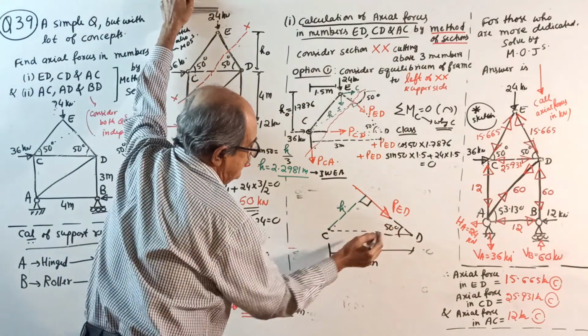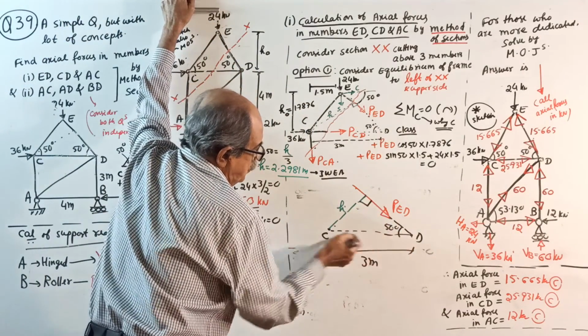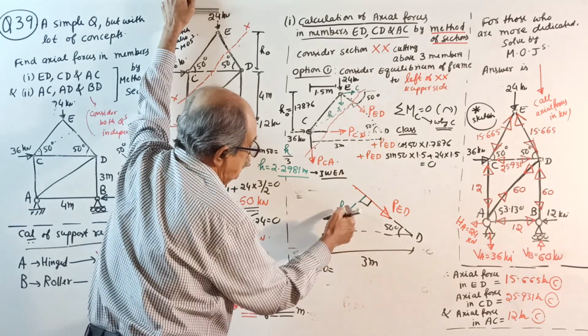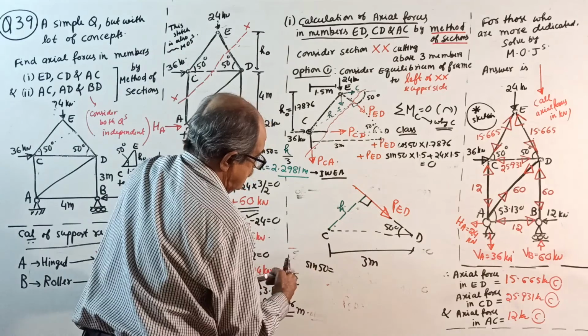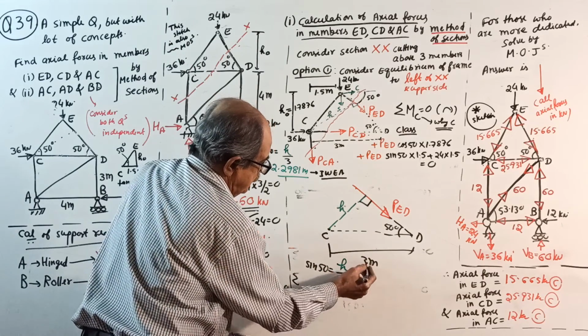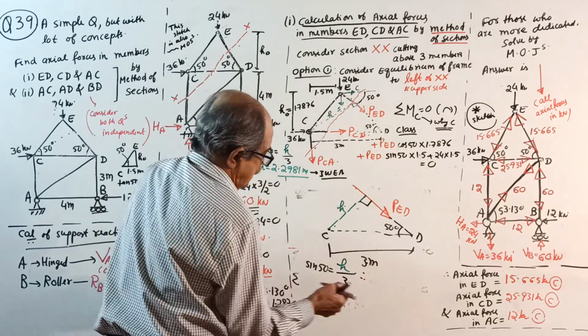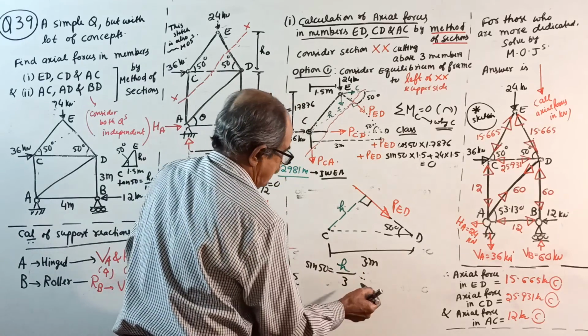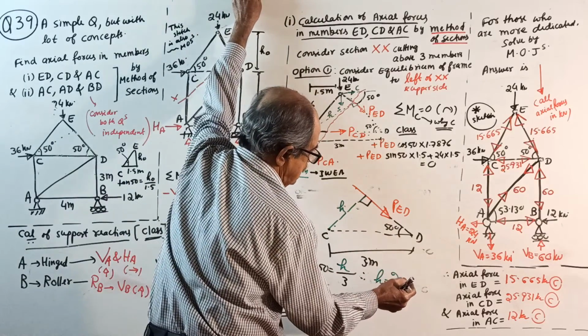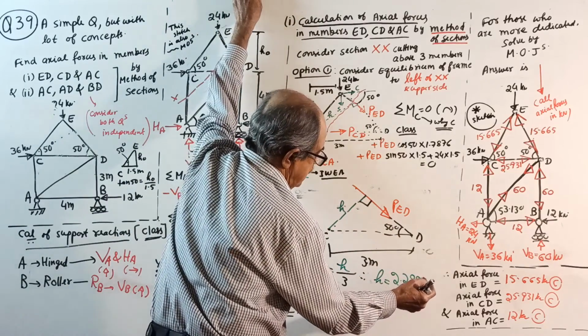Therefore, now you can write, this is hypotenuse. Sine 50 equal to H divided by 3. Therefore, your H will come 2.2981 meter.